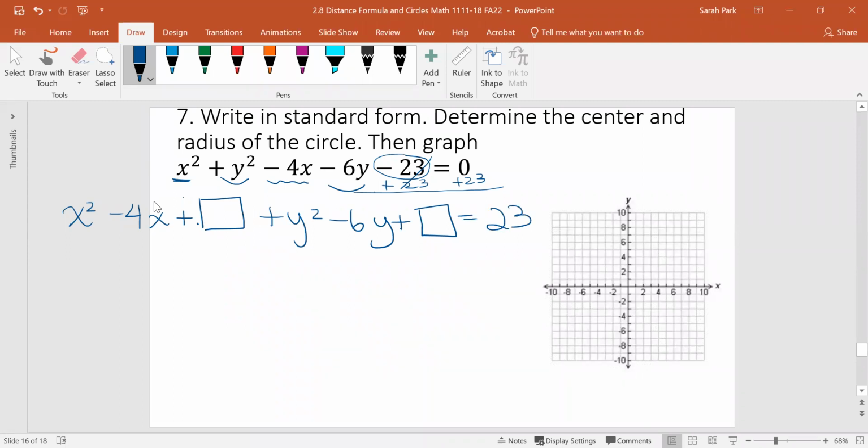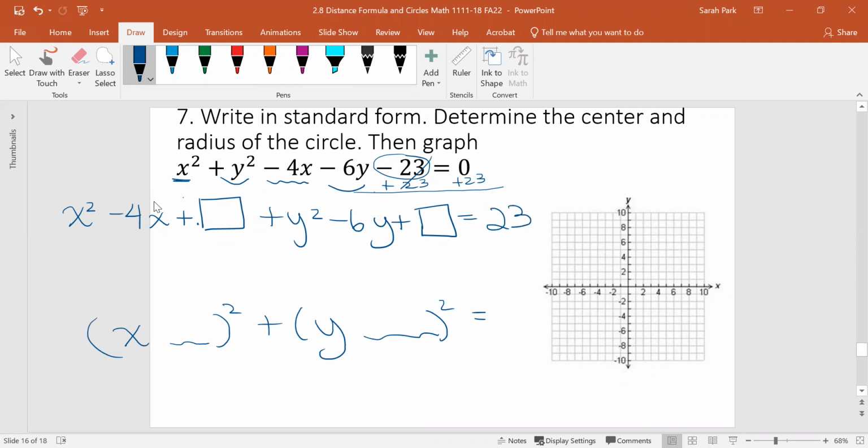Okay, so this process is called completing the square, where remember, our goal is to get this looking like x plus or minus some value squared plus y plus or minus some value squared equals radius squared.